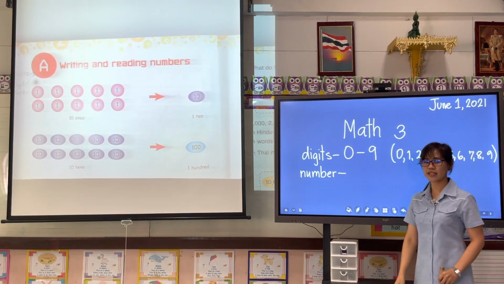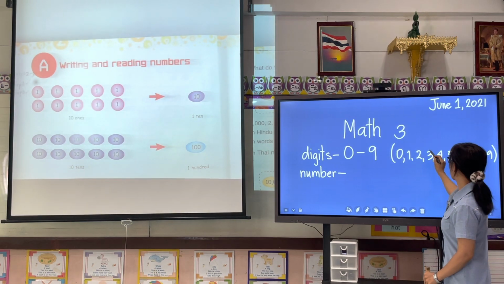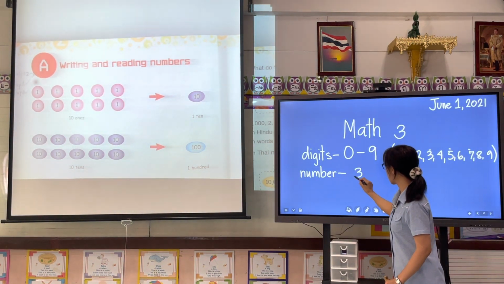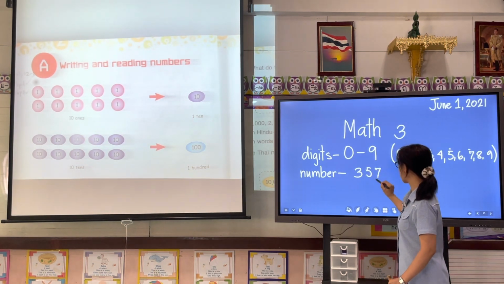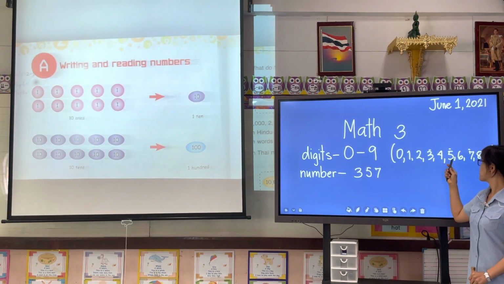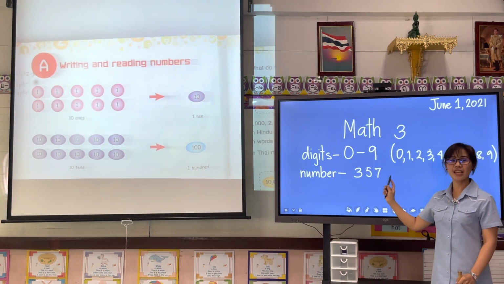Let's say for example, let's take 3, 5, and 7. So 3 is a digit. 5 is also a digit. And 7 is also a digit.